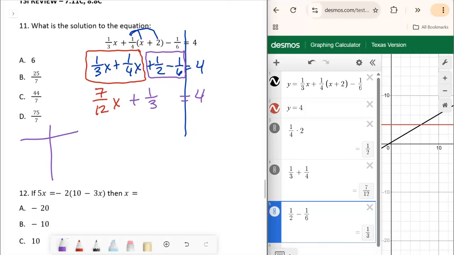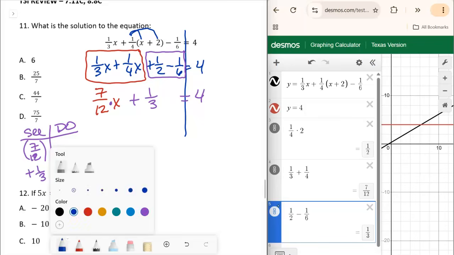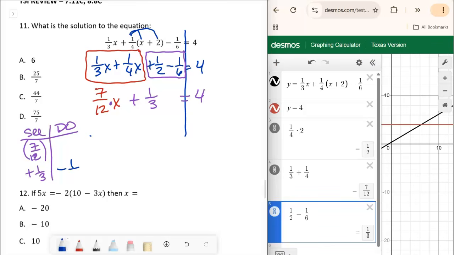See do. What do I see happening with the x? It is multiplying by 7 over 12, and they added 1/3. So the first thing is to subtract 1/3.